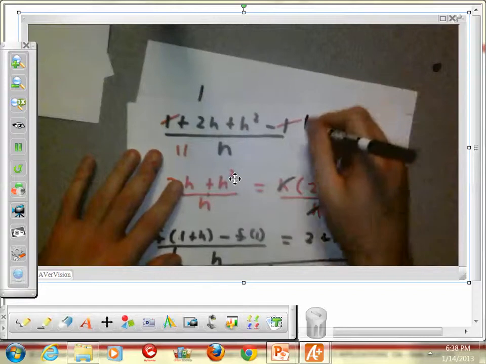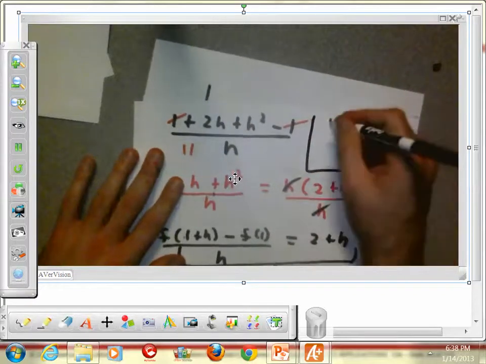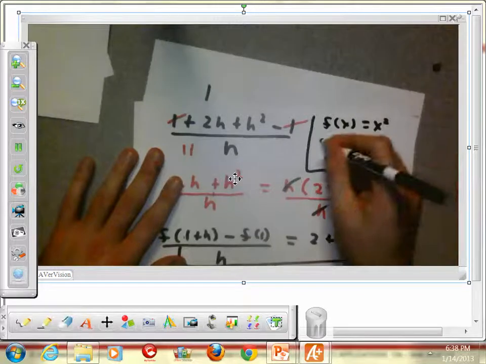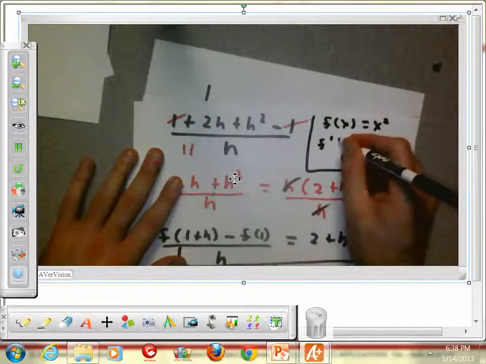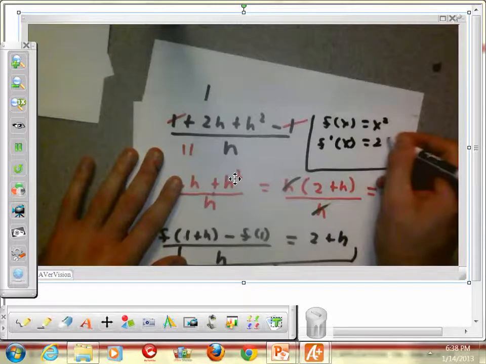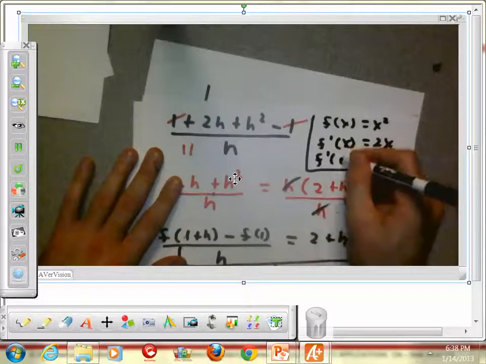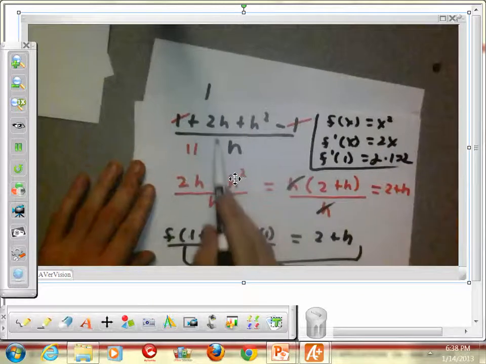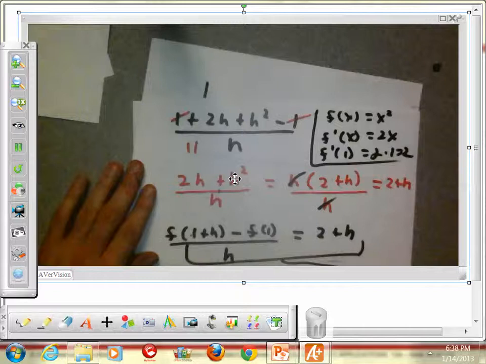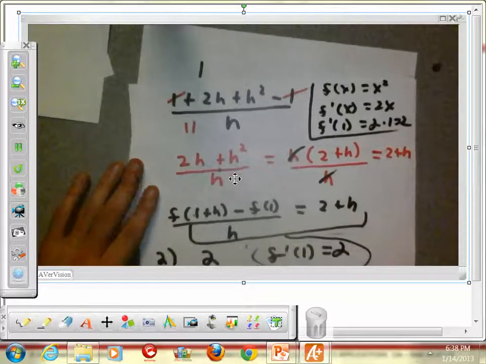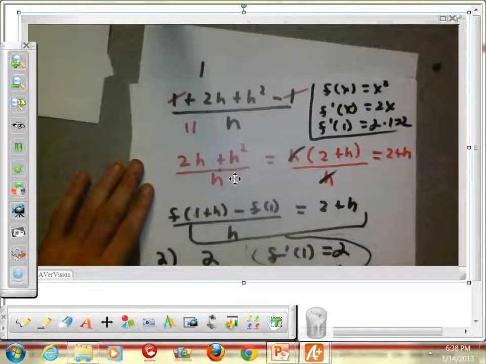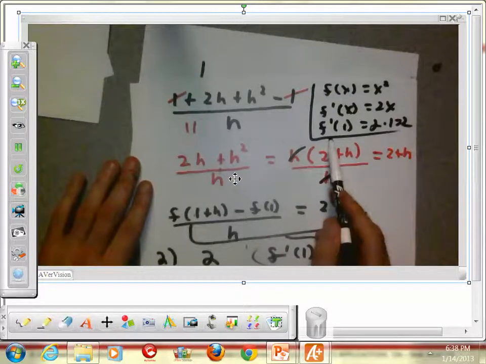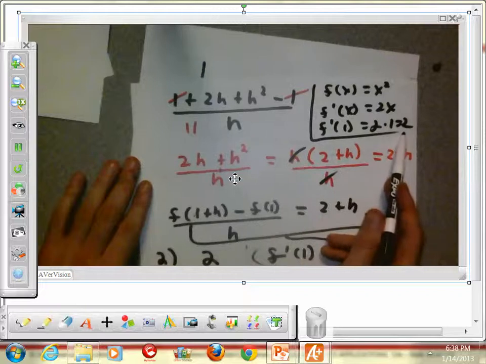I'm going to do that up here so I don't waste paper. f of x is equal to x squared. f prime of x is equal to 2x. So f prime of 1 is equal to 2 times 1 equals 2. So using the definition of the derivative, we get f prime of 1 is equal to 2. Using the power rule, which comes from the definition, f prime of 1 also equals 2. So they agree.